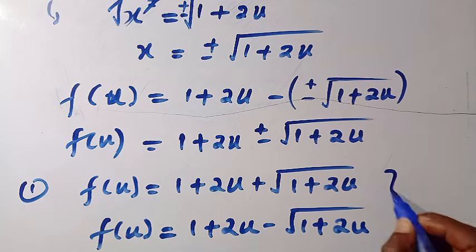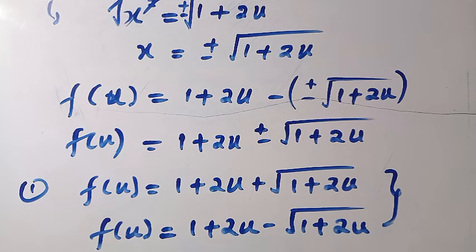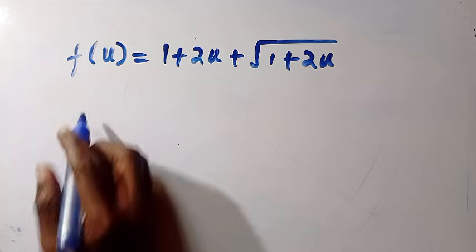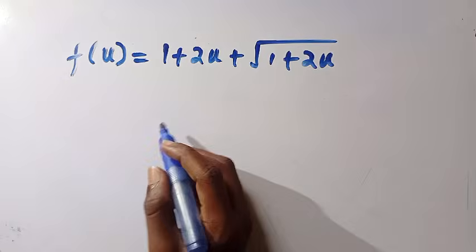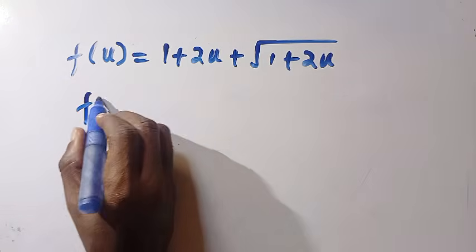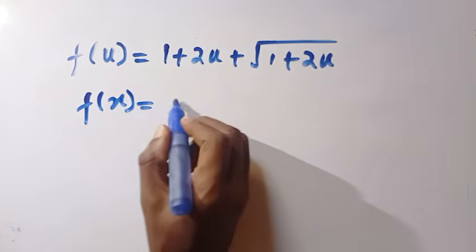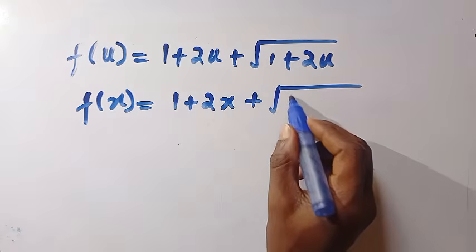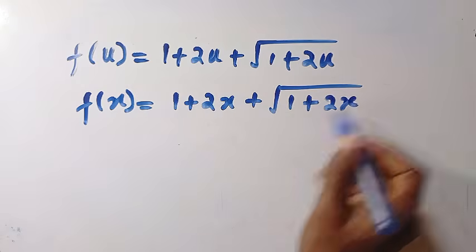So we are going to look at which of these is truly the answer. Is it the one with positive or the one with negative? So before proceeding, let's change this u to x, because u and x are both members of the real numbers. We have f of x equals 1 plus 2x plus square root of 1 plus 2x.